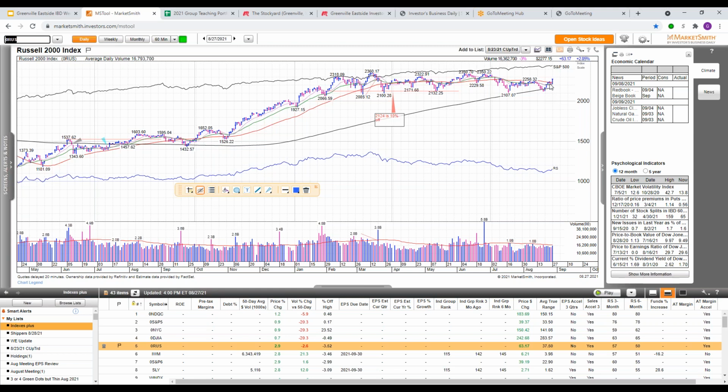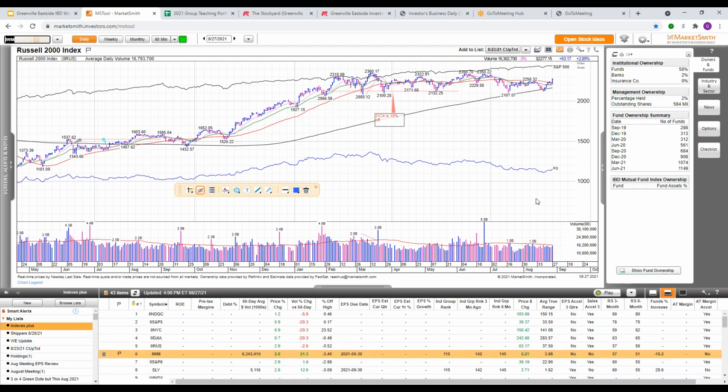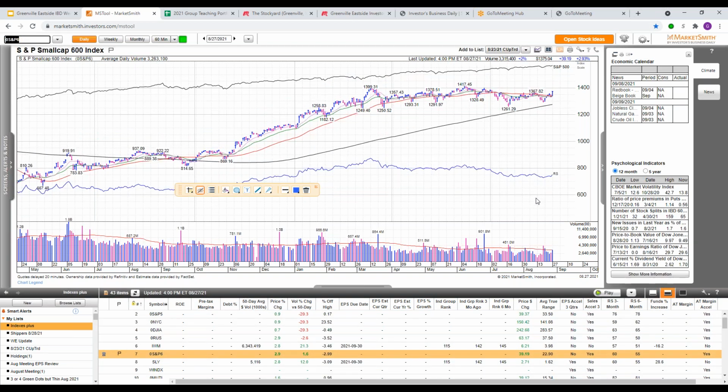It's come back up. It's retaken and closed above the 50-day, and it was up 2.85%. So that's a phenomenal daily gain on a pickup in volume. The small cap S&P 600 looks about the same, working on getting the moving average lines back in the correct order.